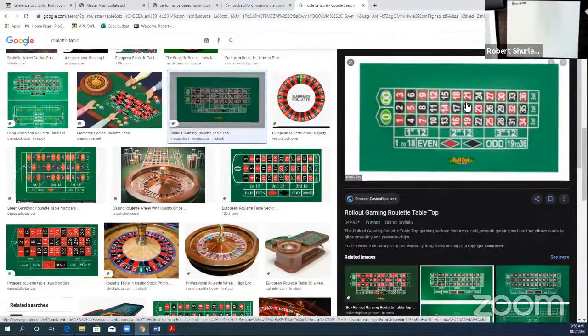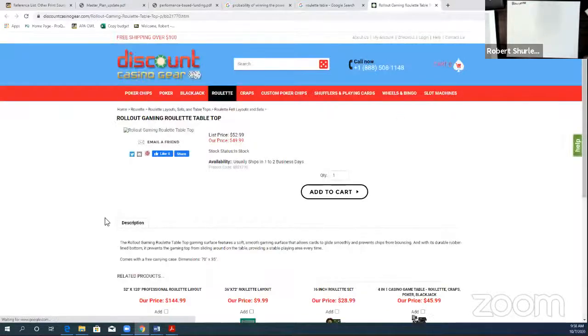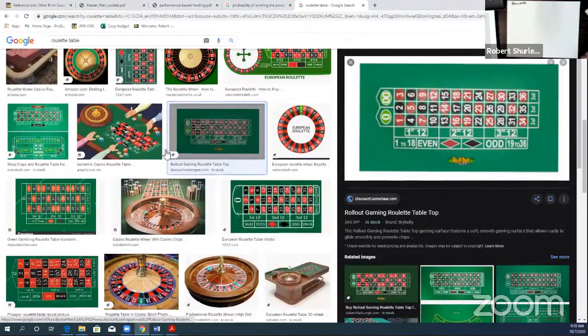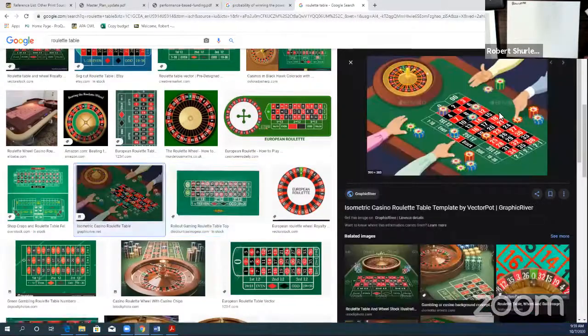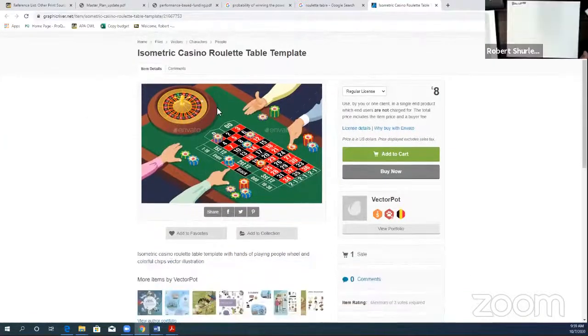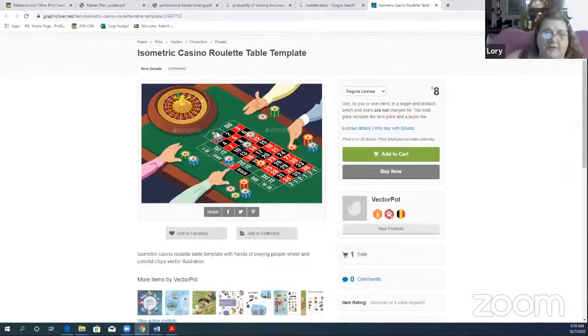Here we go, this is a better one. Maybe this is. Right here, this is a good example of playing roulette. That's the table, not the wheel itself.